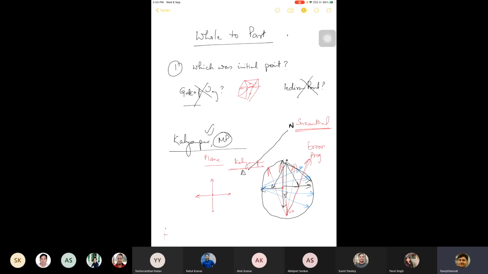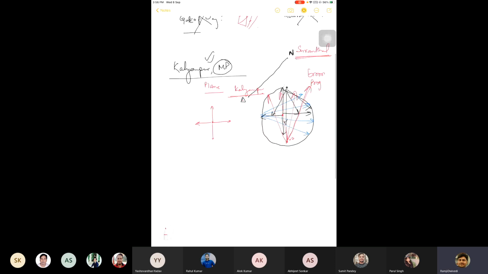The error would automatically propagate to the coordinate, and then again you start from here with another error. So that is one thing to avoid the errors. And therefore the concept of whole to part was adopted thereafter in any kind of project where you have to prepare the map of, let's say, a big parcel of land.